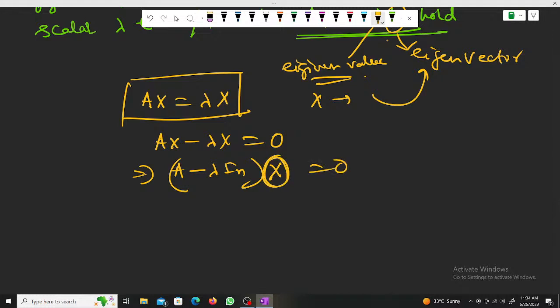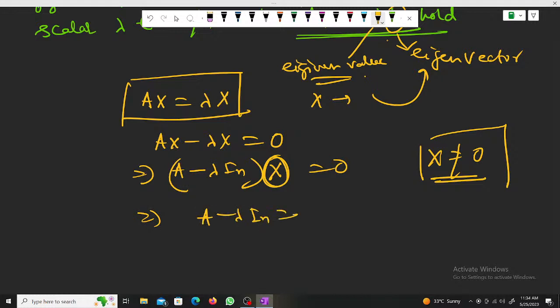This X is non-zero, X not equals to 0, which implies that determinant of A minus lambda I equals to 0. তবেই তো আমি আইগেন ভ্যালুটা পাবো, ক্যারেক্টারিস্টিক্স ইকুয়েশনটা পাবো আলটিমেট। আচ্ছা, X কিন্তু 0 হলে সেটা আমার হবে না। ক্লিয়ার?